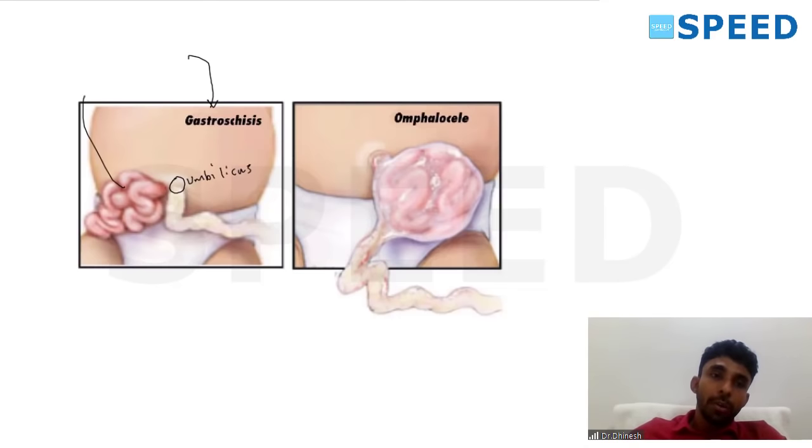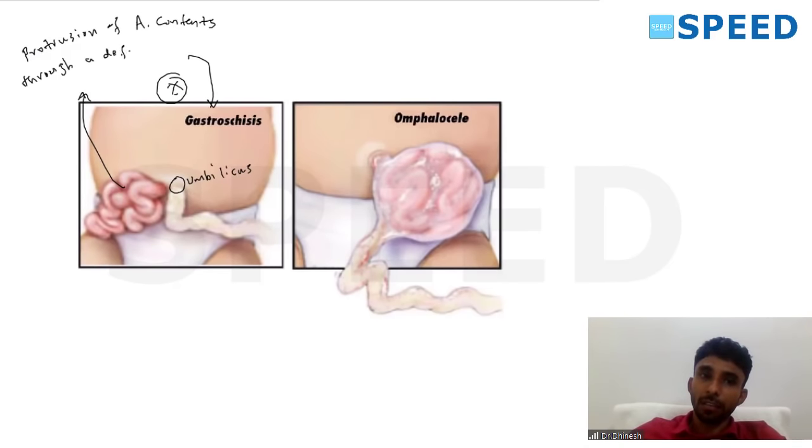So you can see in the condition called gastroschisis, there is protrusion of abdominal contents, mainly intestine, through a defect. Where is the defect in this condition? Just to the side of the umbilicus, not exact.